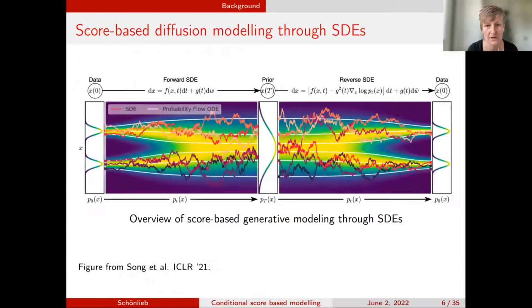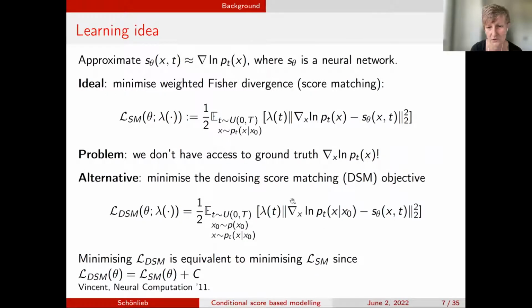If your F and G are simple enough, and usually F is chosen like an affine function, and G is usually chosen to be some kind of decreasing function in T, some very simple function, then you can analytically compute this.